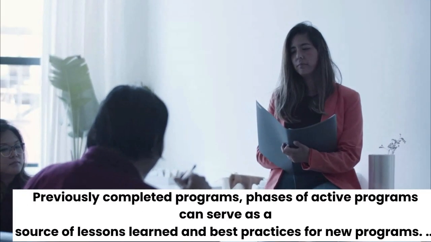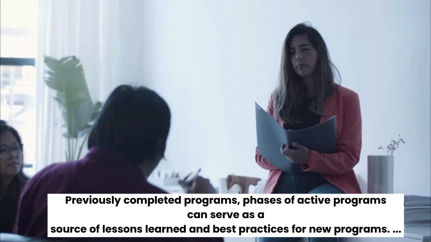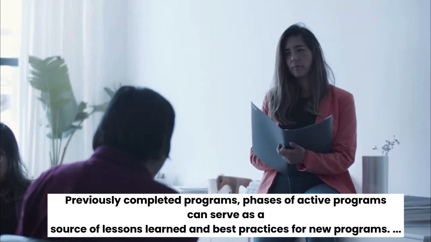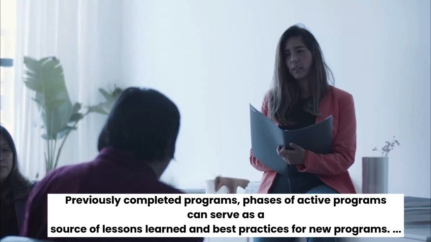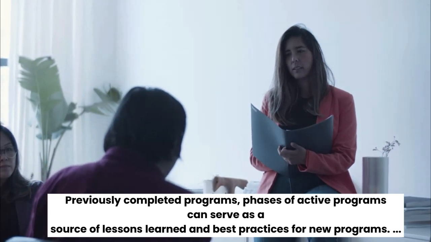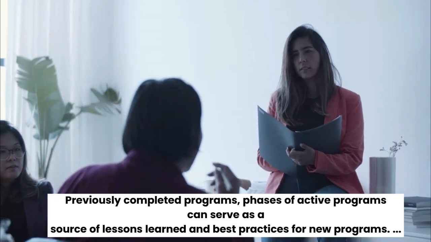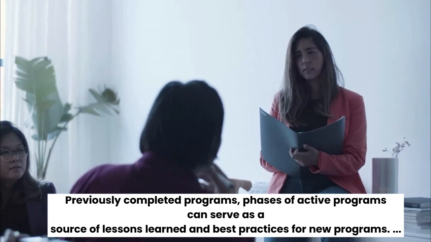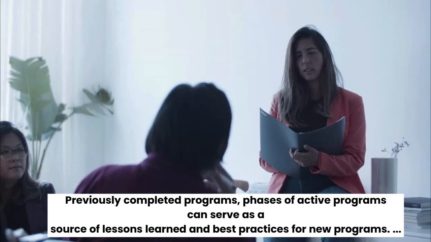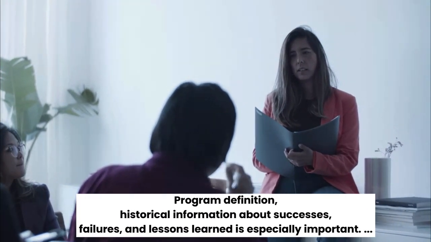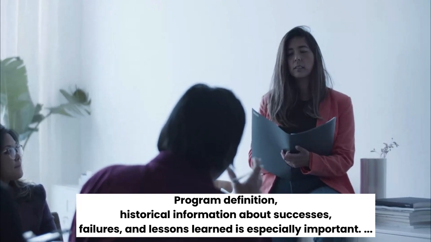Previously completed programs and phases of active programs can serve as a source of lessons learned and best practices for new programs. Artifacts, metrics, risks, and estimates from previous programs, projects, and ongoing operations that may be relevant to the current program make up historical information. During program definition, historical information about successes, failures, and lessons learned is especially important.